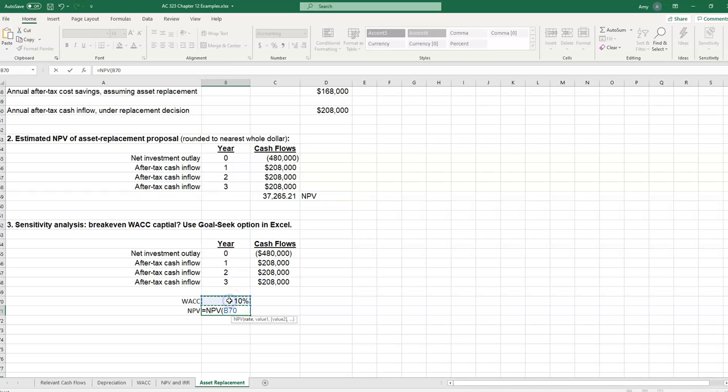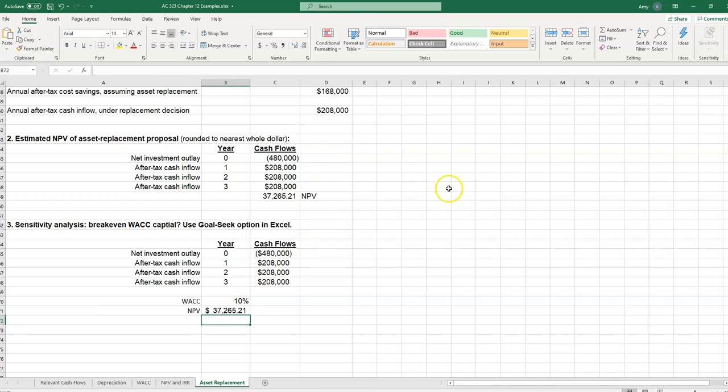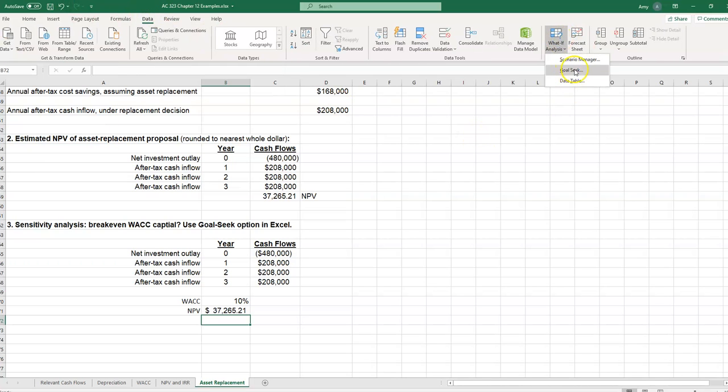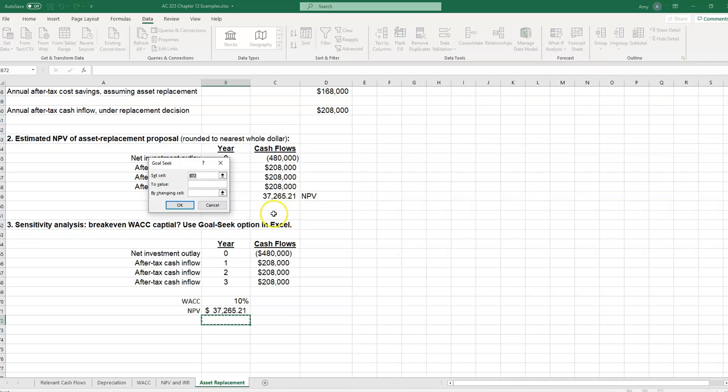So our rate is 10%. We have the values of year 1 through 3, and then add our outflow. Okay. So now we want to know what is the break-even weighted average cost of capital. So what weighted average cost of capital makes the net present value 0? We go to data, click what-if analysis, and choose goal seek.